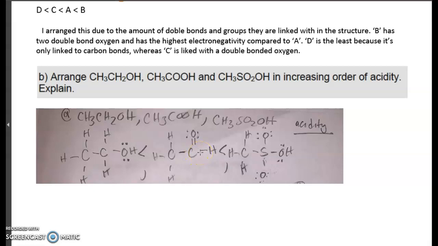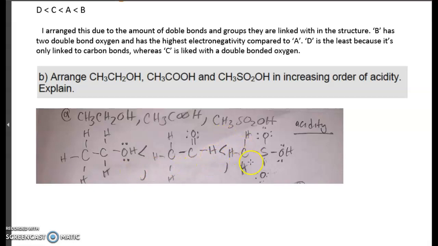You know what? I did that wrong. So this should be another H here, and then another O here, and an H connected to the O. Sorry, just like the first structure here. So I did this wrong.